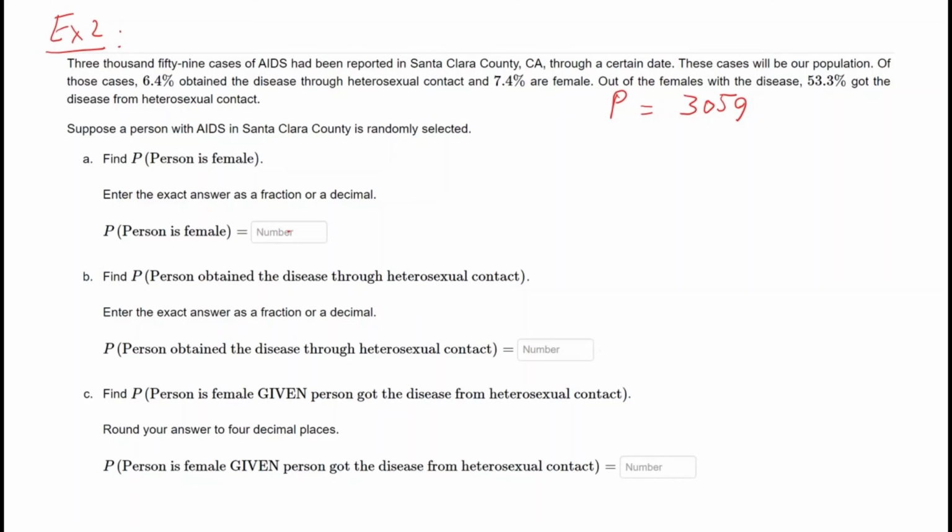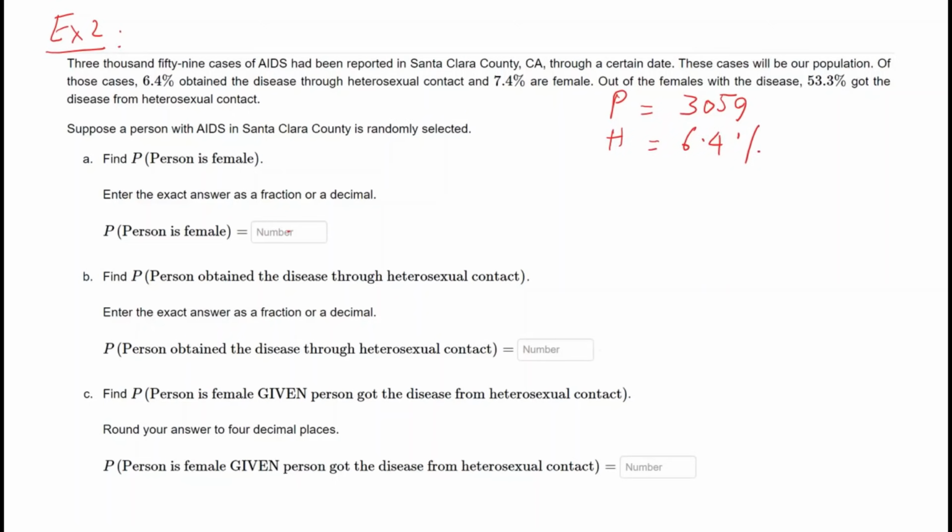Now I give you just a minute to read the expression. Now you can see that some cases are given as having obtained the disease through heterosexual contact, and they are 6.4%. We call those cases as H cases, and their percentage is 6.4.